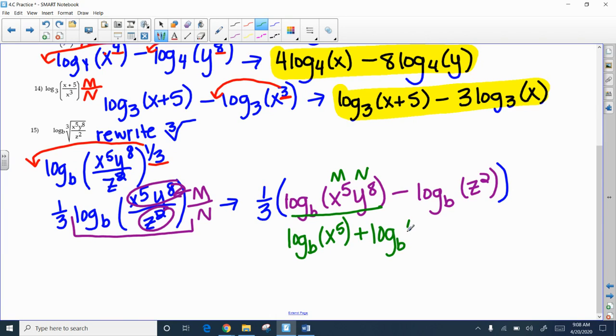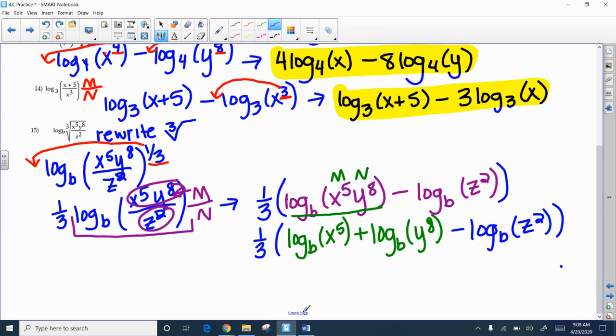There are going to be two logarithms with a plus in between. So log base b of y to the 8th. Okay, so that's how this part gets rewritten. And then I still have the minus log base b of z squared. And I still have the 1/3 in front of all of this.